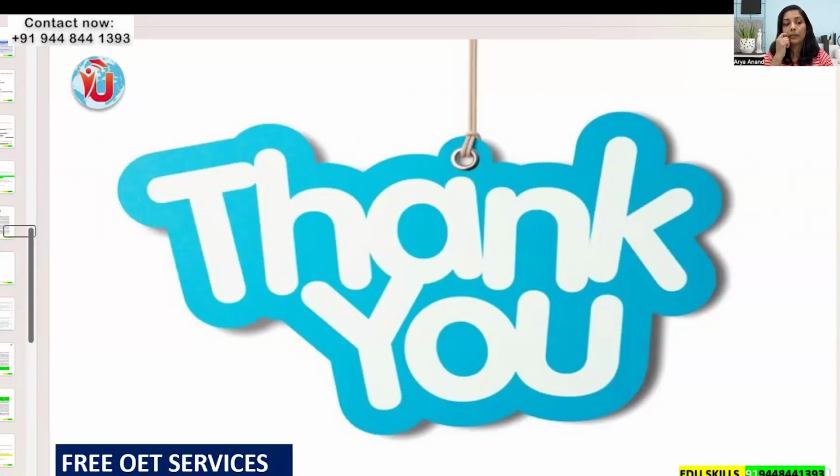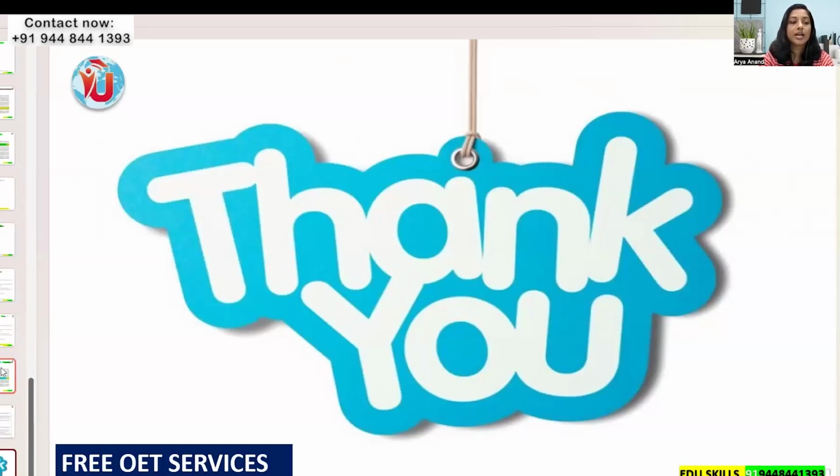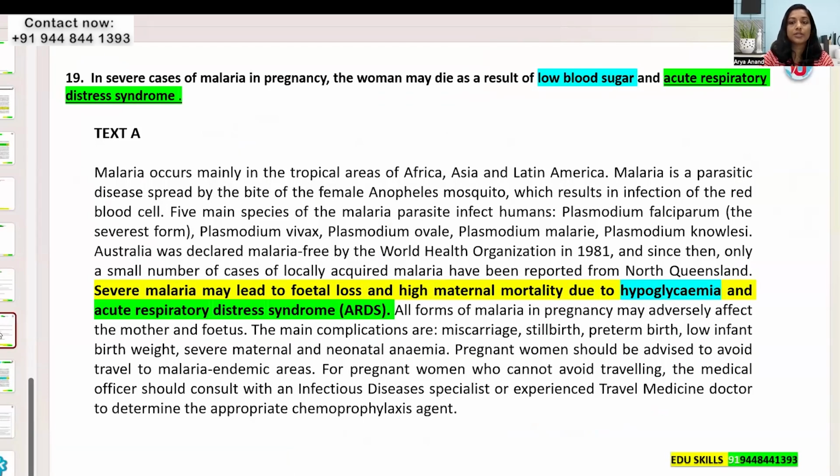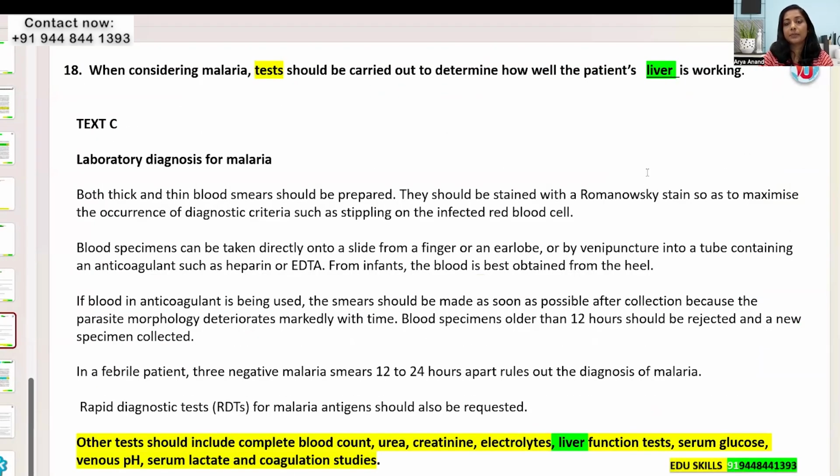In the previous question, the liver was there. So can we write liver function, ma'am? No, because it's already mentioned right there. They asked the patient's dash is working, so you won't say liver function is working. We'll just write the name of the body part only, right? I'll show the question here. See here.